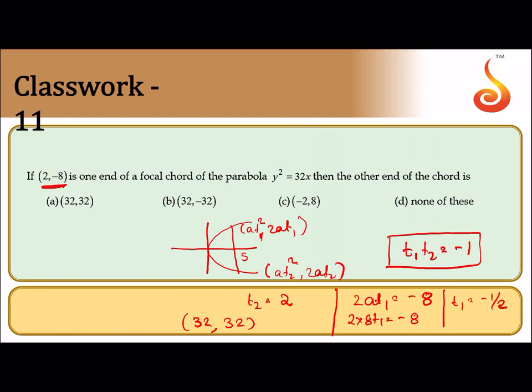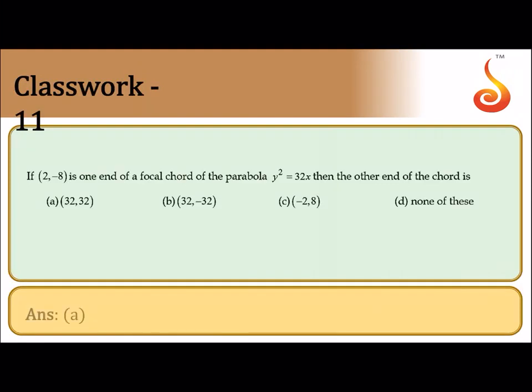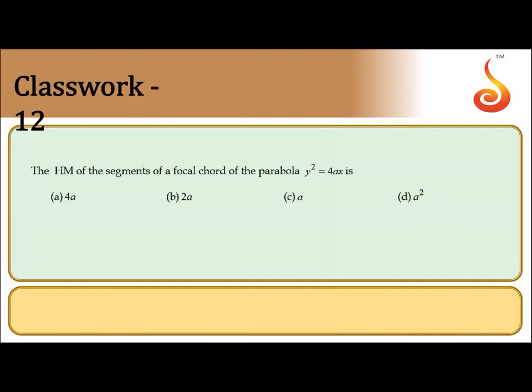So you get T1 is equal to minus 1 by 2. So T2 is equal to 2. From that we get AT2 square comma 2AT2. Here A is equal to 8. Other end of a focal chord. This is example 11. So option A is correct.